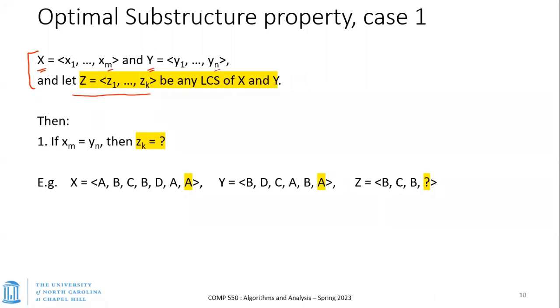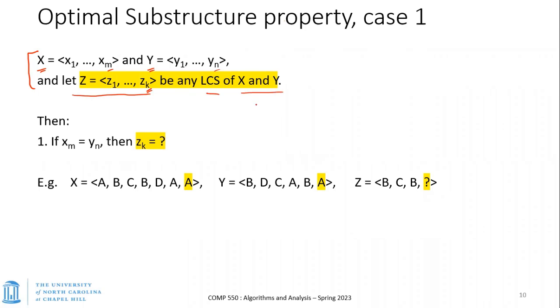The assumption is that you have a solution, and that it is optimal. So we're going to make the same assumption. We're going to say that Z is a longest common subsequence of X and Y. Okay, so we've already somehow found it, and it consists of k characters. So Z is defined to be the LCS of X and Y.